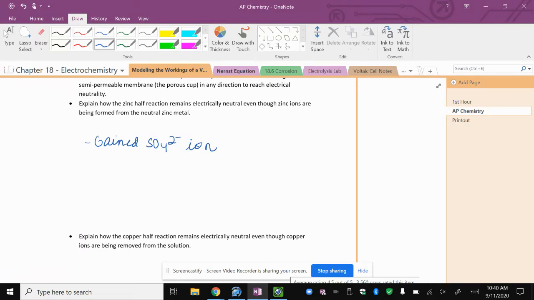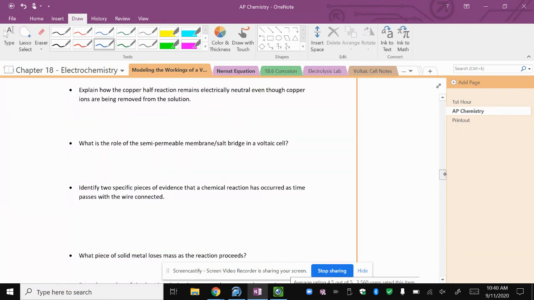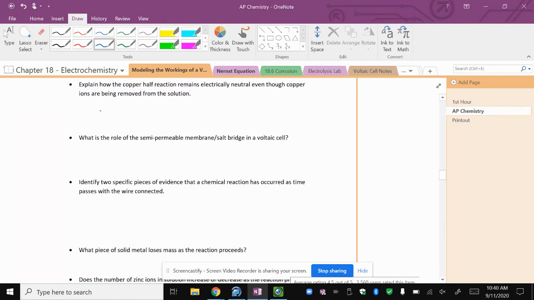And that means copper did the opposite. Copper had to lose an SO4 2- ion. And so the purpose of that semi-permeable membrane or salt bridge is to allow ions to move so half cells remain neutral.